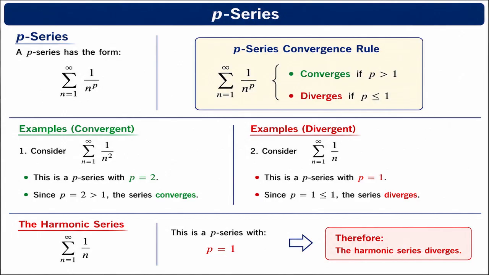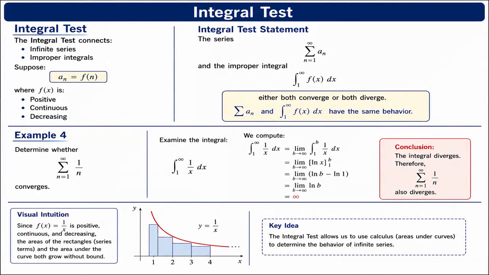This is a p-series with p equal to 1. Therefore, the harmonic series diverges. This result is very famous in calculus. Even though the terms become smaller and smaller, the infinite sum still grows without bound.